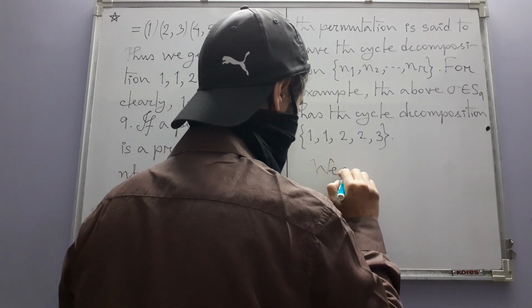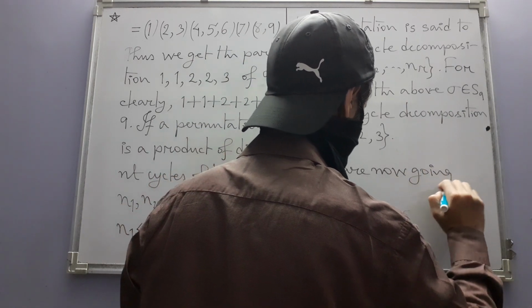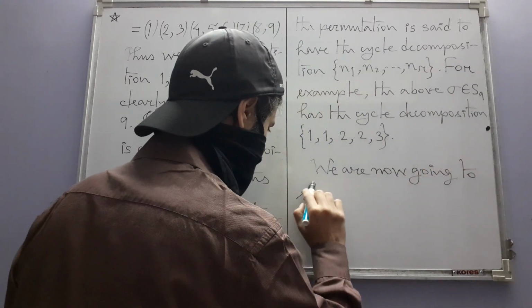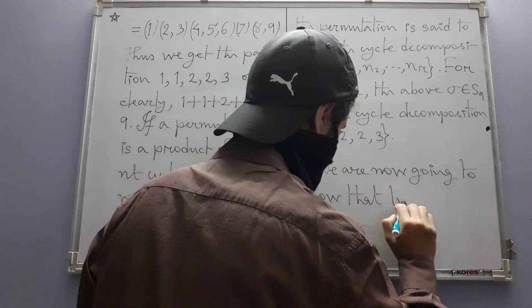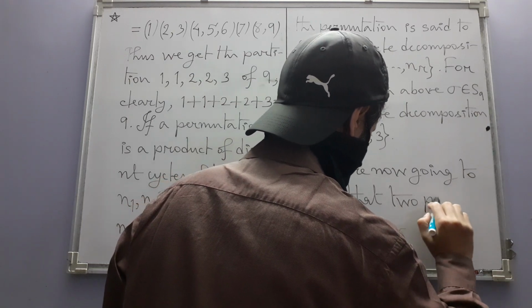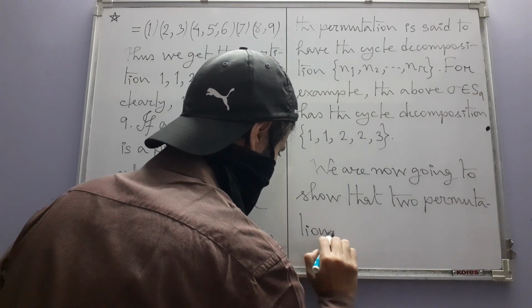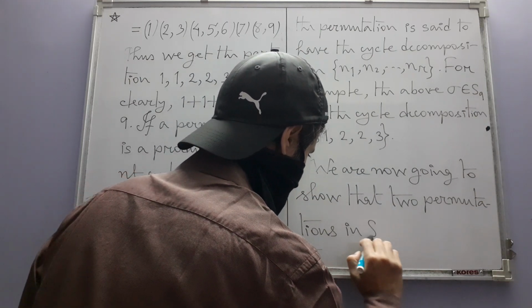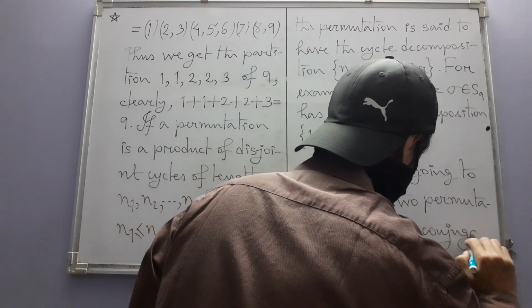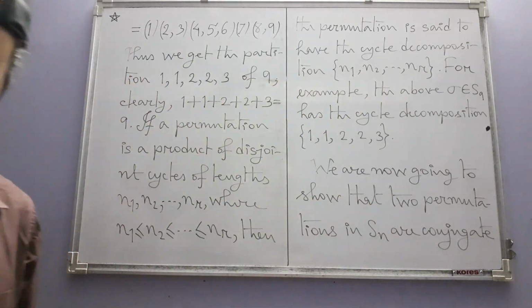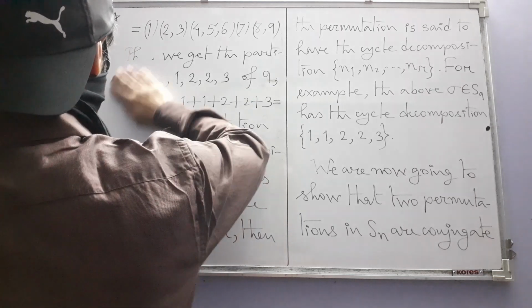We are now going to show that two permutations in Sn are conjugate if and only if they have the same cycle decomposition.